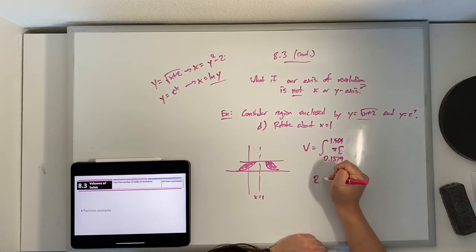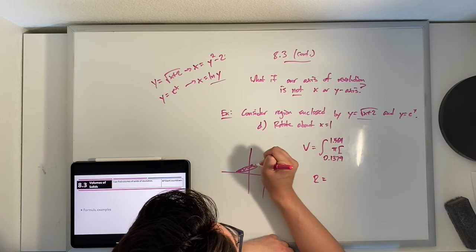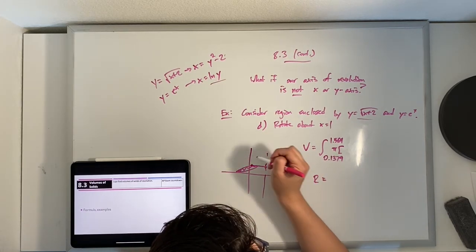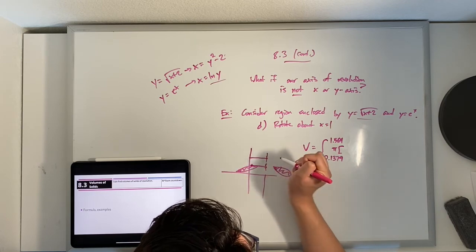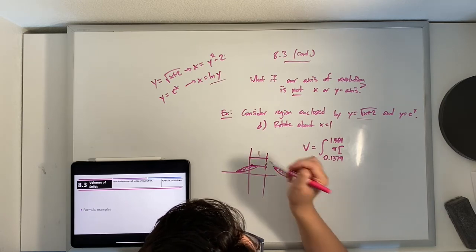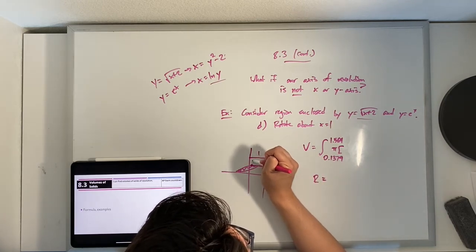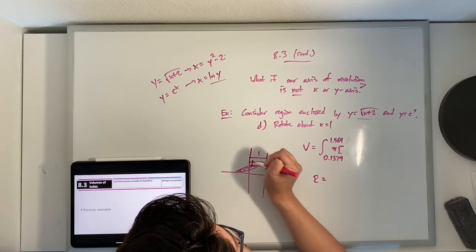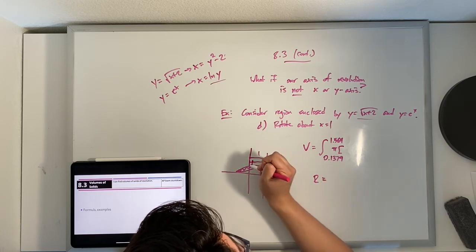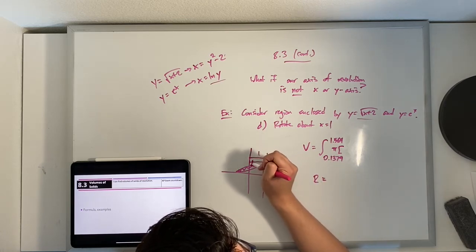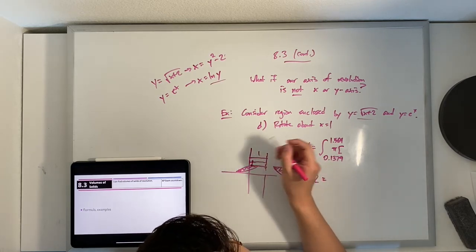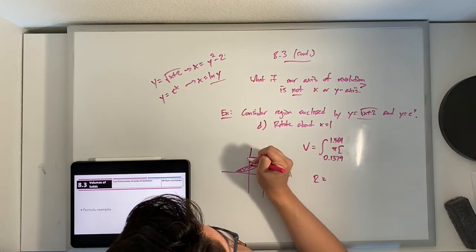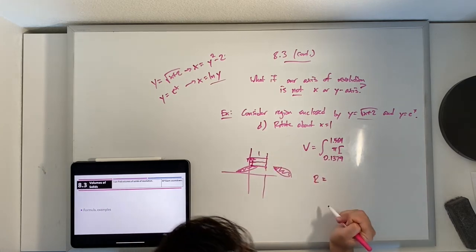We need big R. That function would be furthest away. Now, what is this entire distance? 1. But I only want this distance, which means I need to subtract away that distance right there, which is just that function value. In this case, the square root of x plus 2 in terms of y is y squared plus 2.